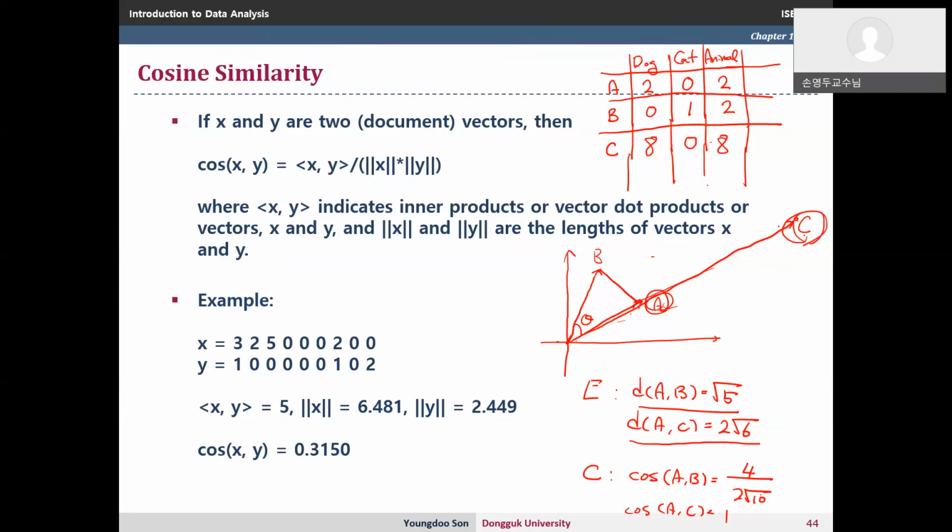However, the document B, which contains the cat instead of dog, and animal, so maybe B is quite different from A and C. Okay.